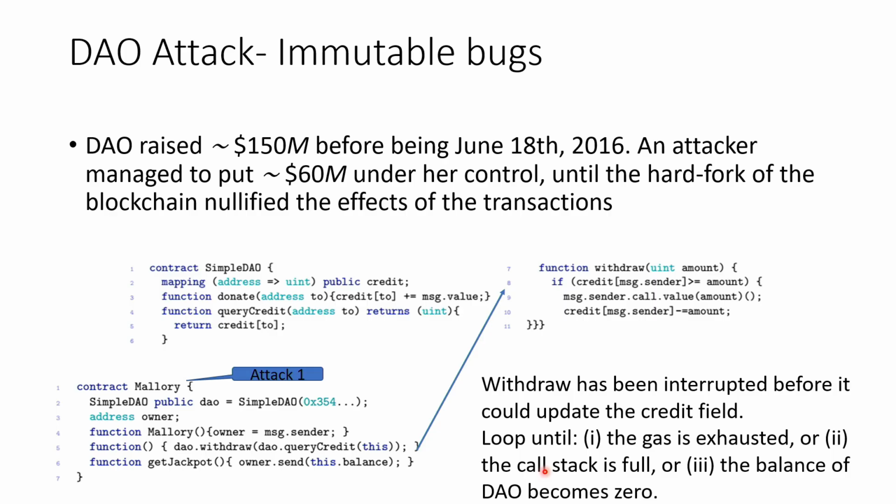If the call stack is full, then the Mallory contract cannot be executed. Or the balance of the DAO will become 0. So here what will happen? Through the Mallory contract, the attacker was able to continuously call this simple DAO, and the DAO function was getting interrupted after line number 9. Fine.